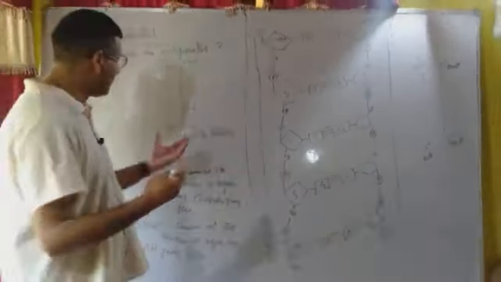So remember one thing: this phosphate group is present at the carbon fifth, and hydroxyl group is present at the carbon third of the sugar.